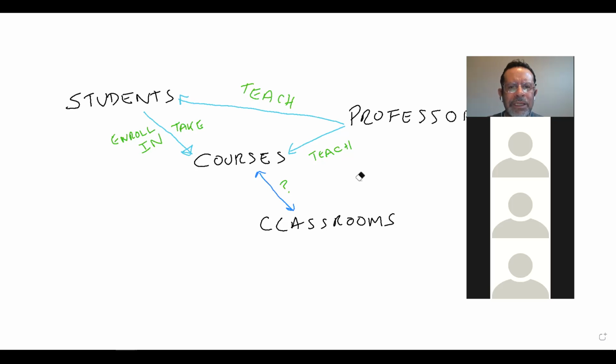Now, one that might be a little bit more complicated. Maybe we can't do it in just 1 word, by the way. What could I write down between courses and classrooms? Any ideas there? That might be a bit more complicated to assign with 1 word, but any thoughts there between courses and classrooms?